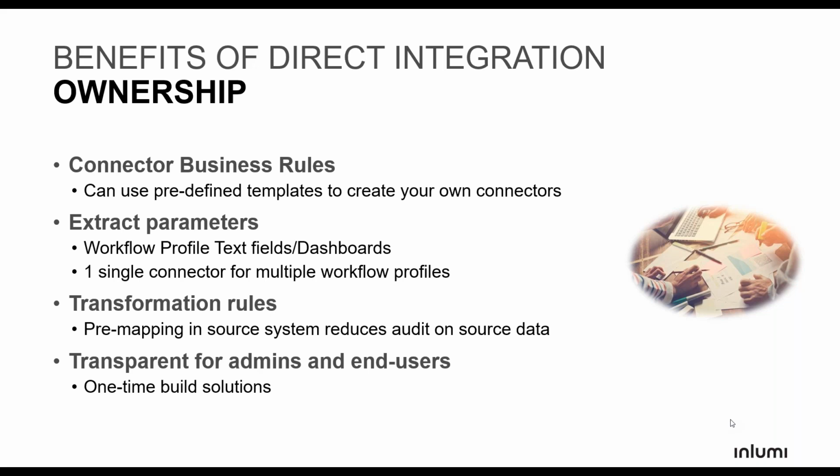Also, it's possible to define extract parameters. So if I want to filter data by company, for example in SAP, I can easily add that parameter, and I don't have to implement anything in the source to filter. I can define the filters in my OneStream solution.